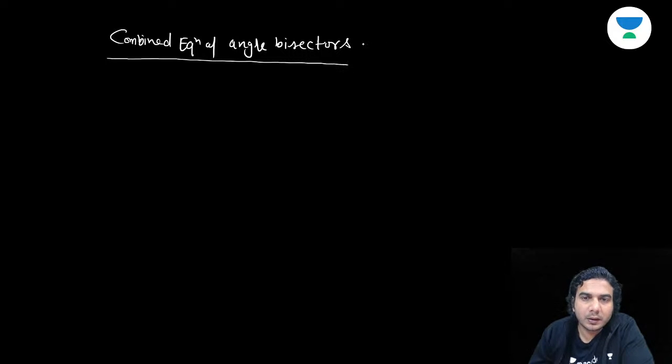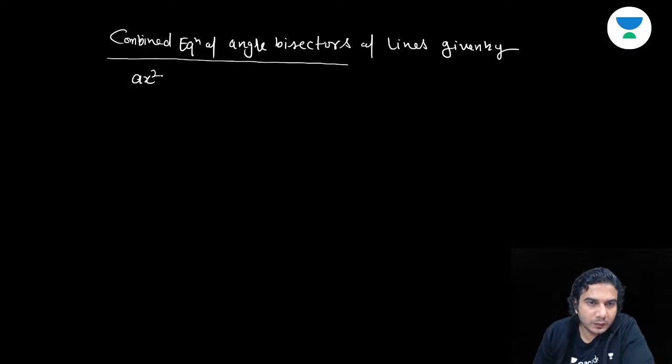Combined equation of angle bisectors of lines given by ax square plus 2hxy plus by square is equal to 0, right?